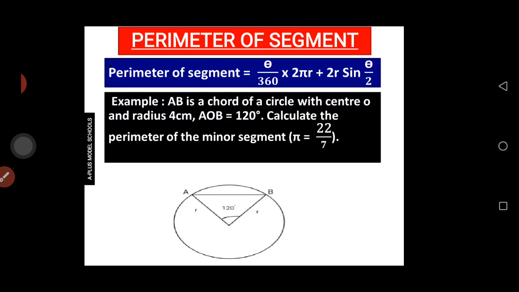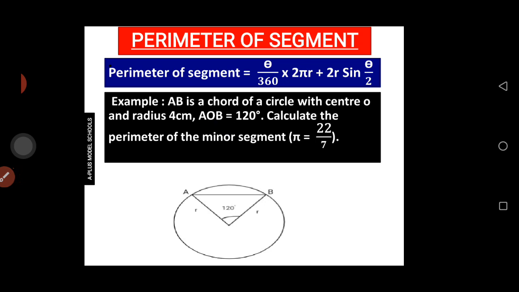Now let's move to the perimeter of a segment, which is the last aspect we are going to touch for today's class, for this week's class. The perimeter of a segment is theta over 360 multiplied by 2 pi r plus 2r sine theta over 2. So here, what you just need is to know the formula for finding each of these.